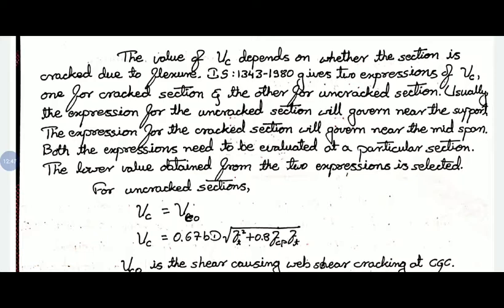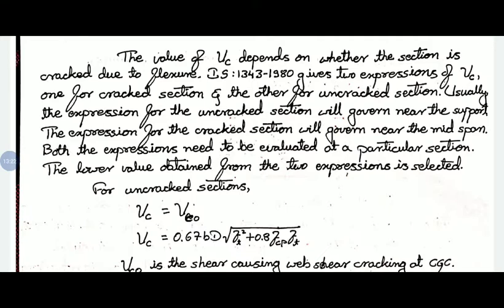So 1343 gives two expressions to calculate shear stress carrying capacity of the concrete, one for cracked section and another for uncracked section. Uncracked section will govern near the support and cracked section will govern at the mid span. But we need to go for analysis of both sections, support section as well as mid span section. Then comparing both, we need to consider whichever is less.